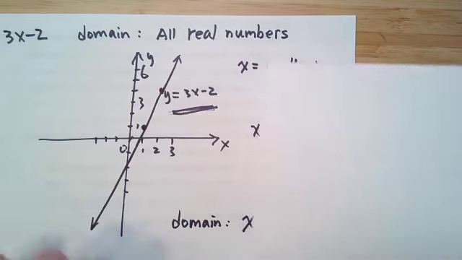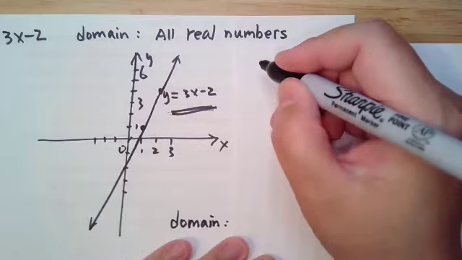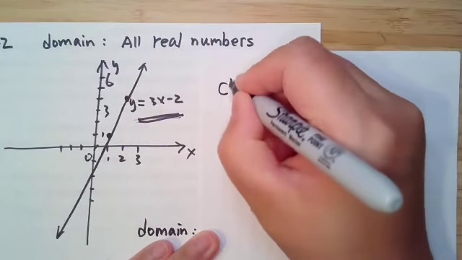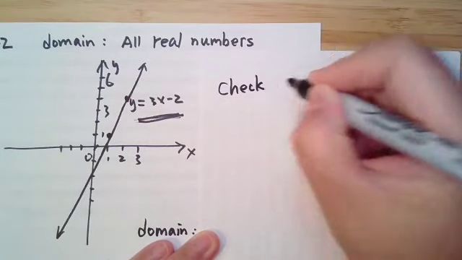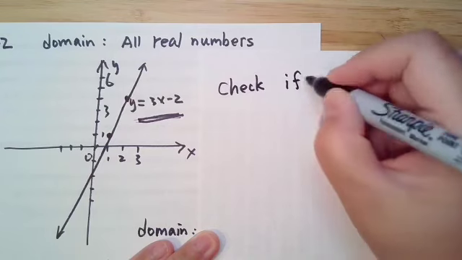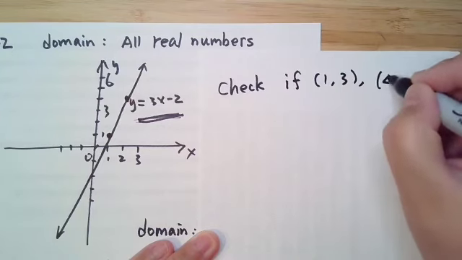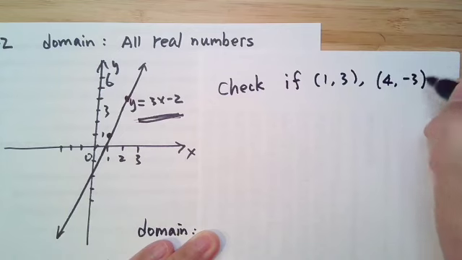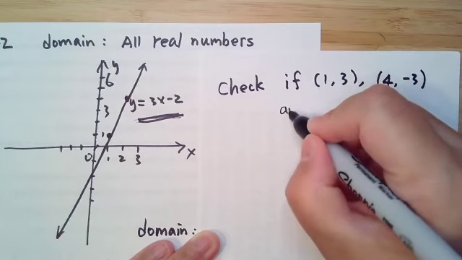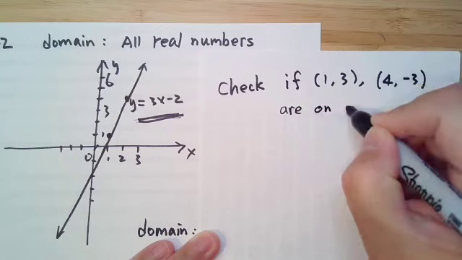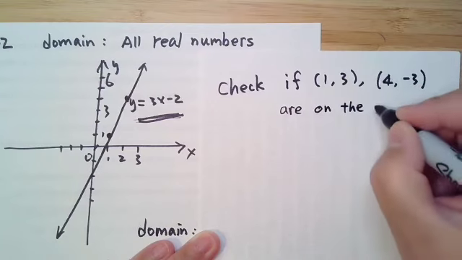Now let me ask you to do the next. I want you to check if (1, 3) and (4, negative 3) are on the line.